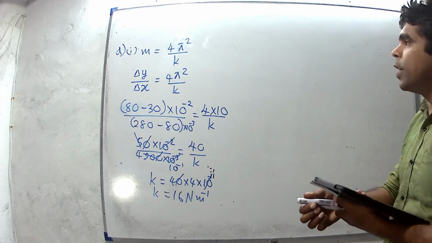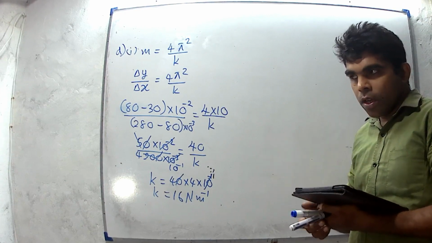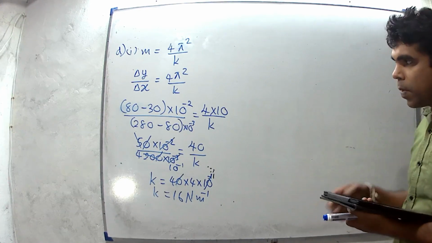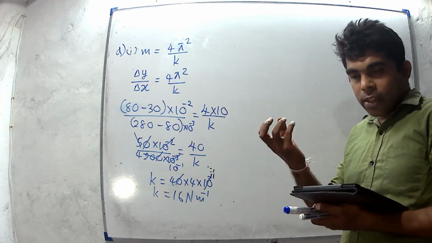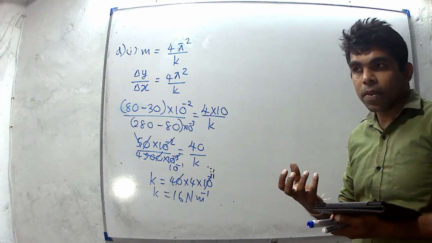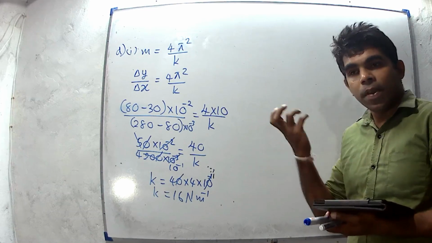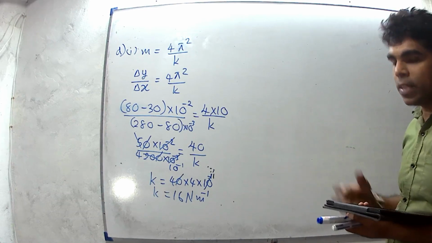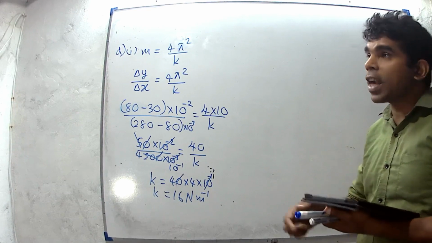The reason for the intercept is, when deriving the equation we are assuming that the spring is a light spring. It means there is no weight for the spring, but actually there is a weight for the spring. Therefore, there is an intercept in the graph.